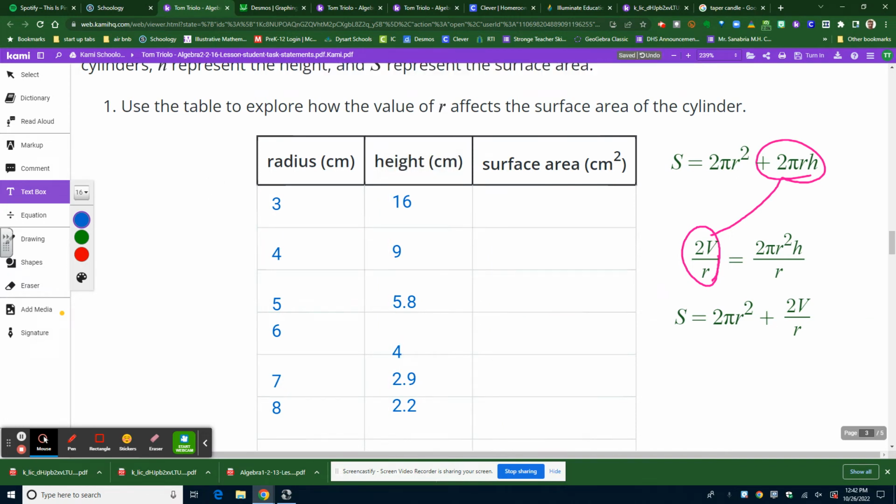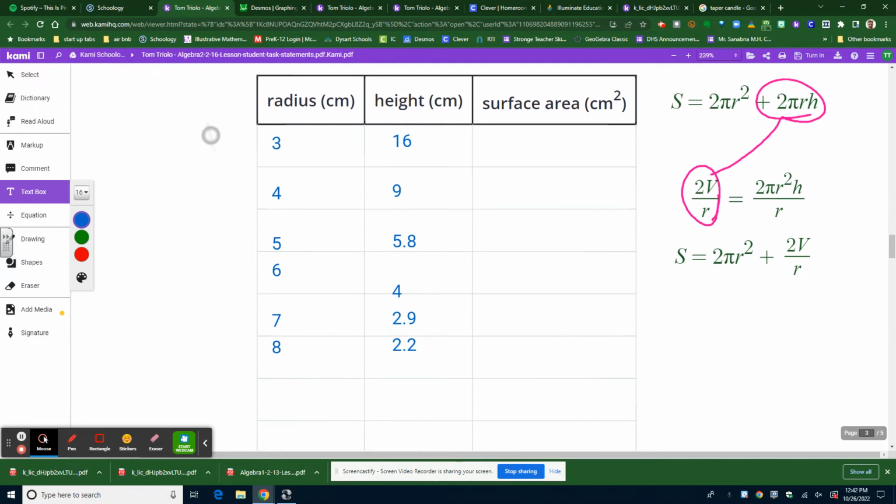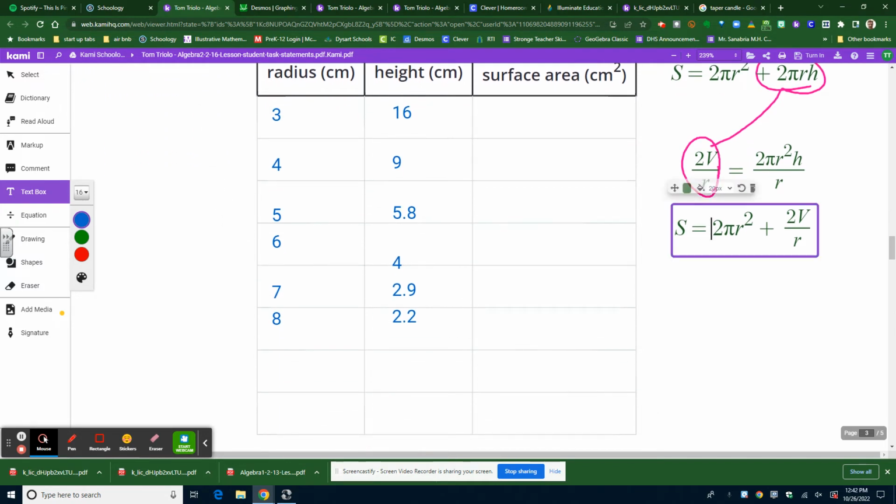Do we really need the height to calculate surface area? Because we got this. So you're going to use the numbers on the left. And in place of V, what we're going to put in? 452. Okay. So let's rewrite this. Let's do a copy and paste action.